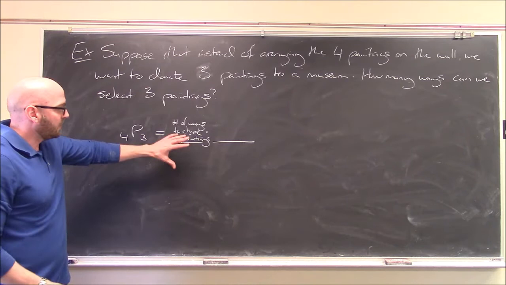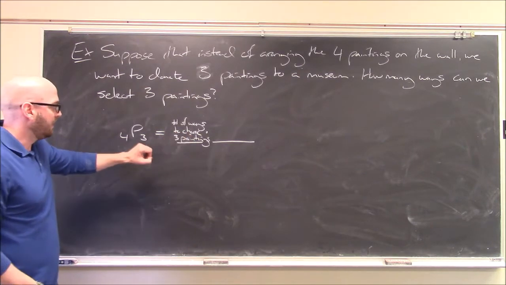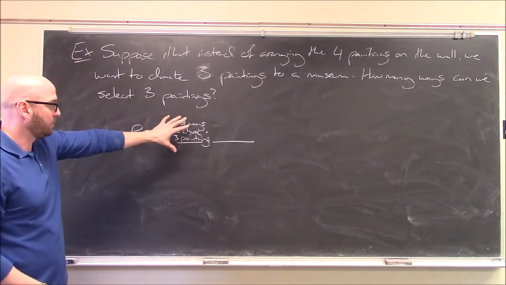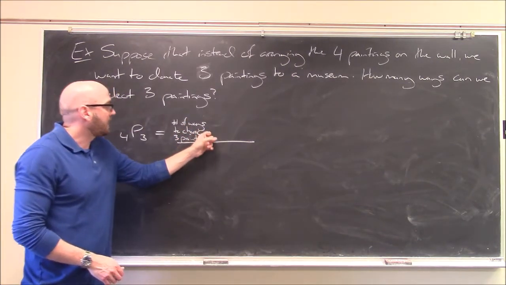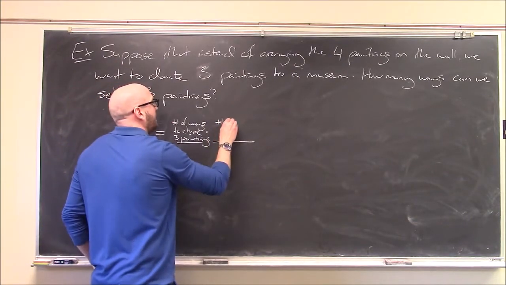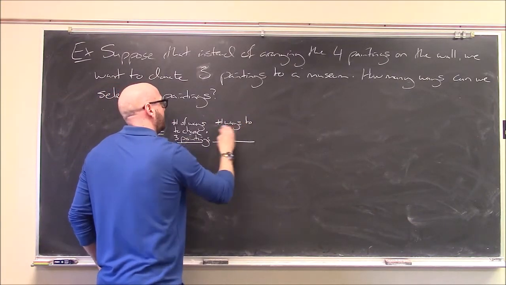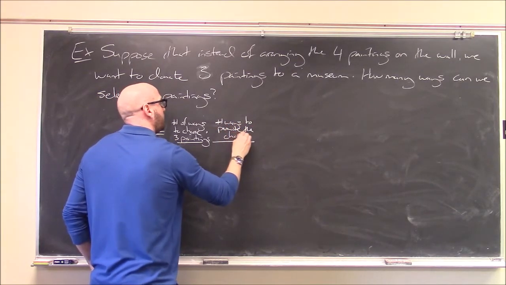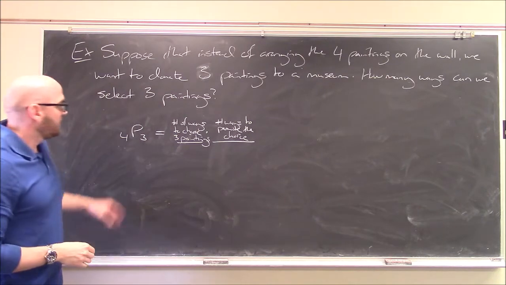So the first thing I do is I choose 3 paintings, and the number of ways that I can choose it is this expression. And then that's multiplied by the number of ways that I can permute the 3 paintings, the number of ways to permute the choice. And that gives us this actual expression.